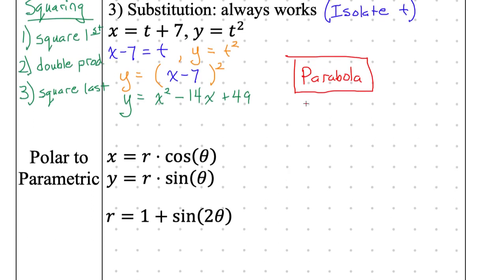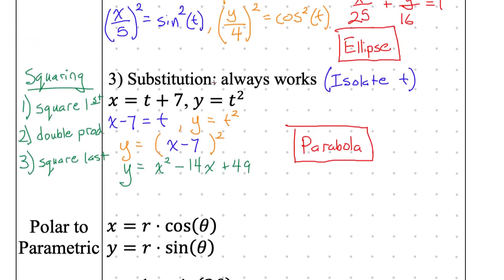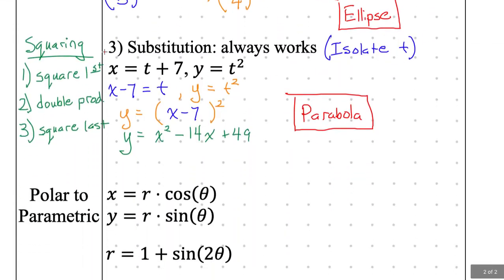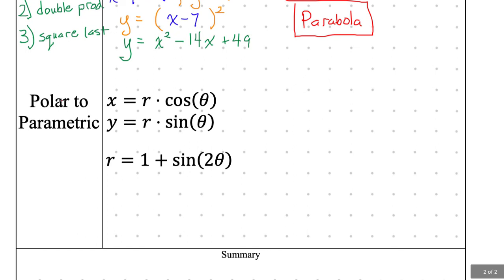All right. So that's kind of a giant section on how to get from parametric to Cartesian. And then very quickly, polar to parametric. These are the easiest ones. But then going again from parametric to Cartesian, I'll write this down. So if you have polar, you go to parametric and then to Cartesian.